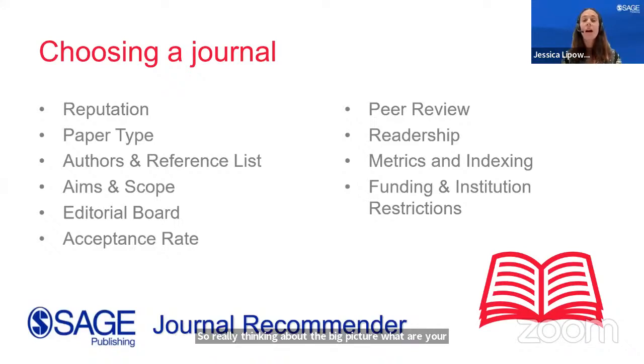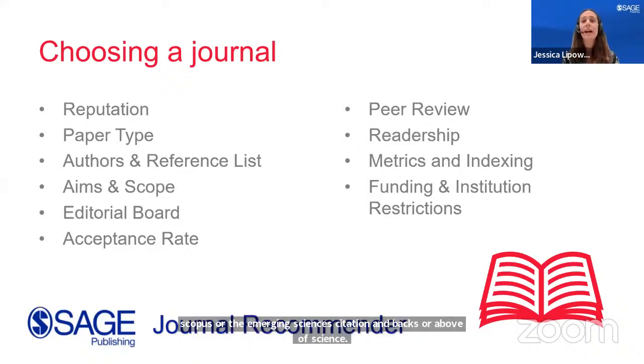We'll be focusing on metrics and indices shortly, but one of the key components for looking at reputable journals is seeing where they're indexed, whether that might be the Directory of Open Access Journals, Scopus, the Emerging Sources Citation Index, or Web of Science.